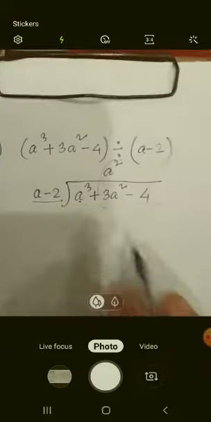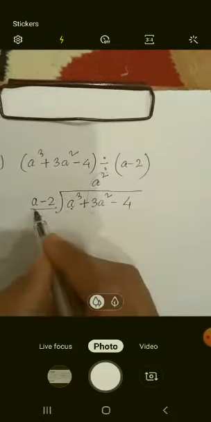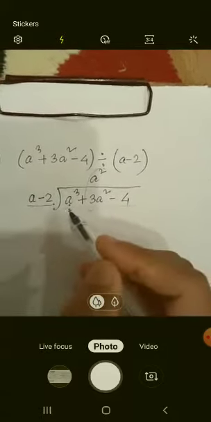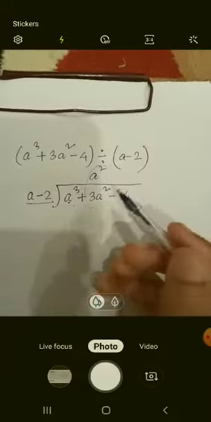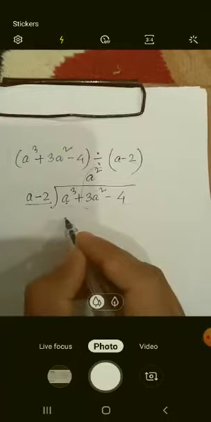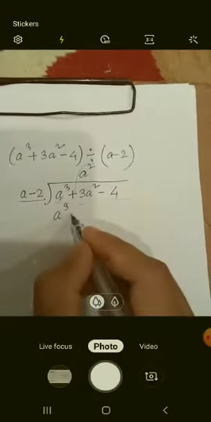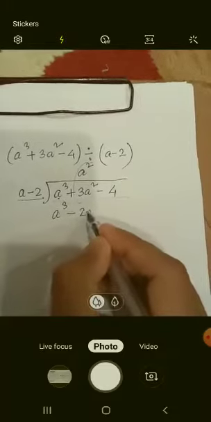So in this case we have a square times a, which gives us a cube, and a square times minus 2, which gives us minus 2a square.